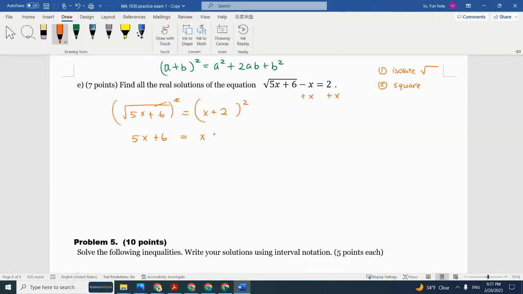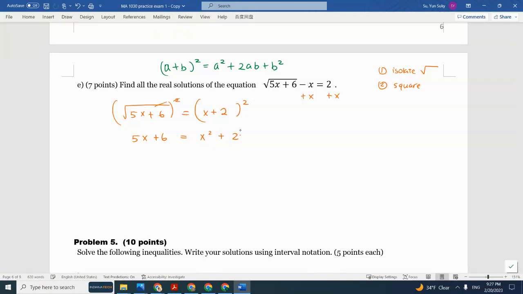Then x plus 2 squared is x squared plus 2 times x times 2 plus 2 squared. Therefore, 5x plus 6 is x squared plus 4x plus 4. If you're not familiar with this formula, it's okay. You just put it as x plus 2 times x plus 2, and then you do, x times x is x squared, x times 2 is 2x, 2 times x is 2x, 2 times 2 is 4. You can also do it that way.